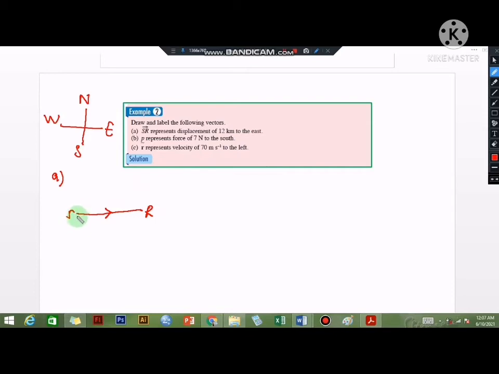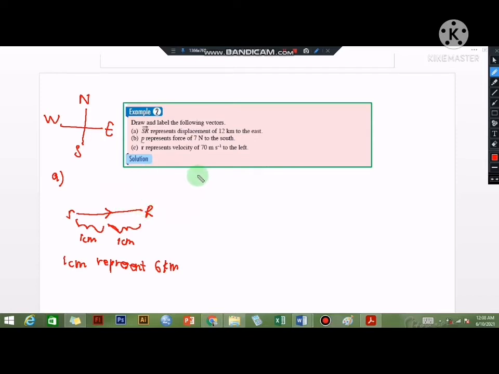Just imagine this is 1 cm, and this is another 1 cm. So 1 cm represents 6 kilometers. This is 2 centimeters, 2 times 6, you get 12 kilometers. So this is how you do it.